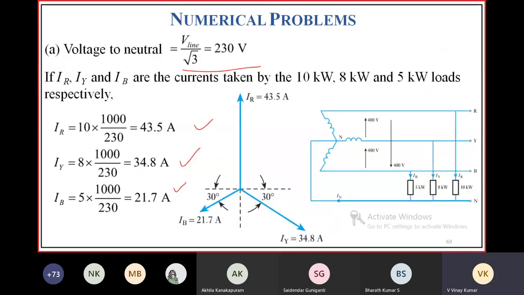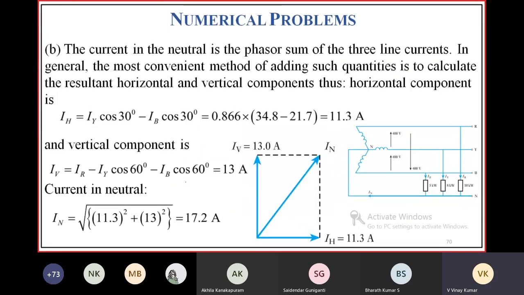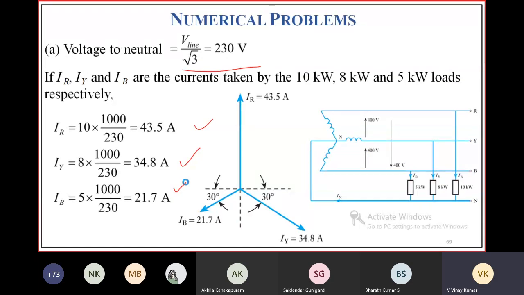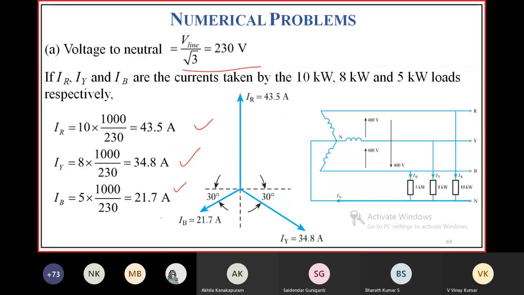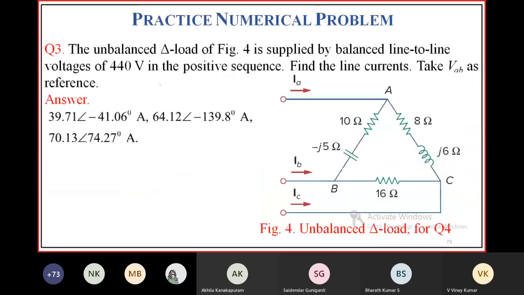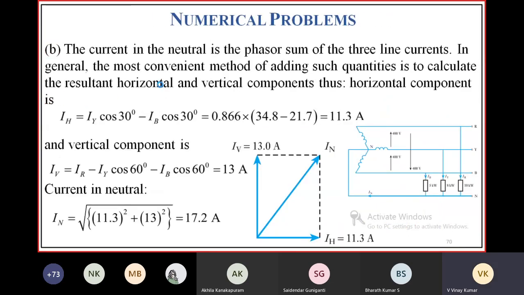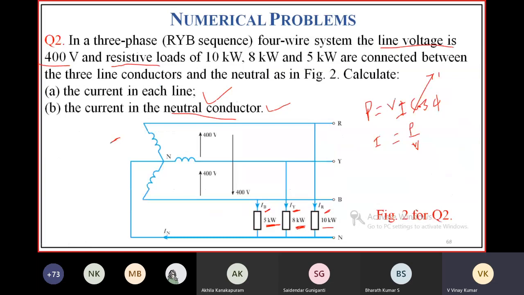Let us find the current in the neutral connector. IN is equal to... this node, all are leaving currents.